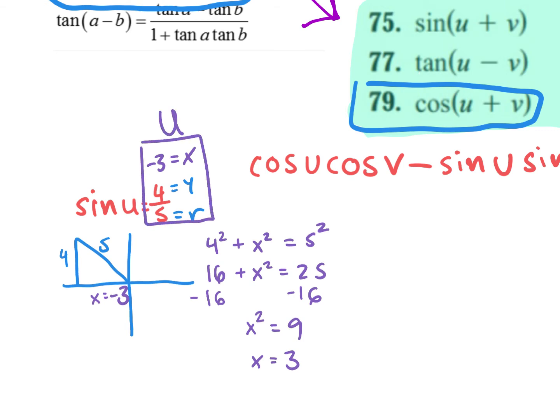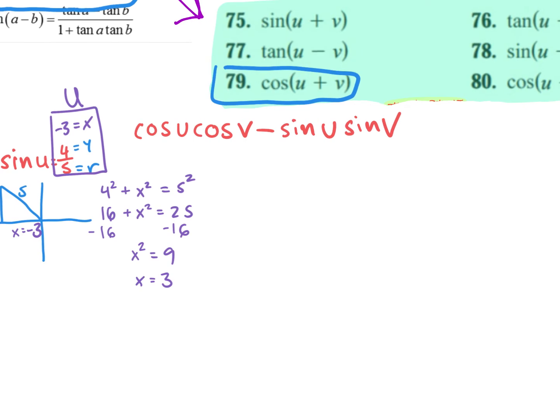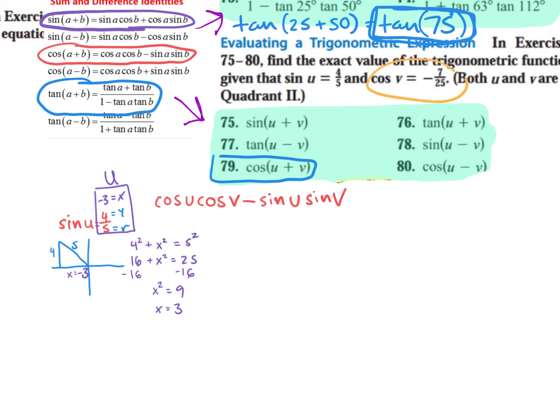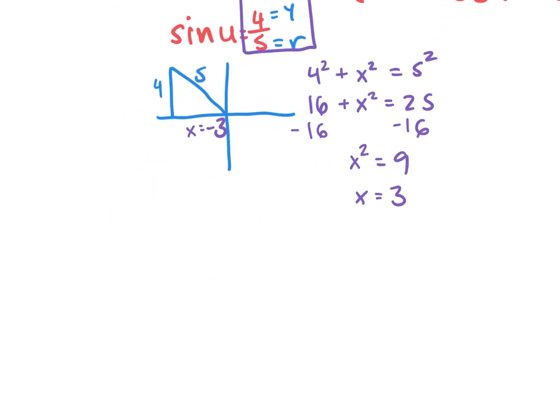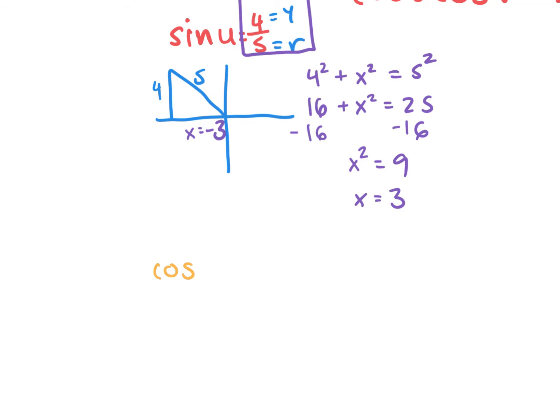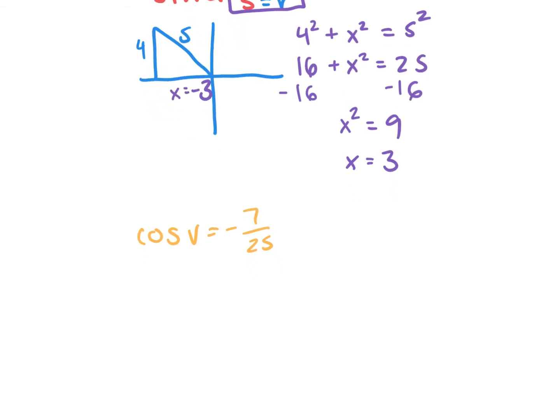This is u. Now I need to do the same thing for my v triangle, which gives me that cosine of v is negative 7 over 25. Cosine is what over what? In terms of x, y, and r.